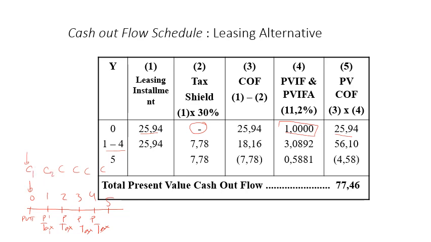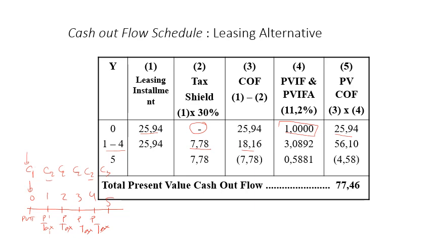So let me put here 1 for year 0, and then 1 to 4 is 2, 2, 2. From year 1 to 4, they have a tax shield of 7.78. It comes from the leasing installment times 30%, and the cash outflow will be 25.94 minus 7.78.